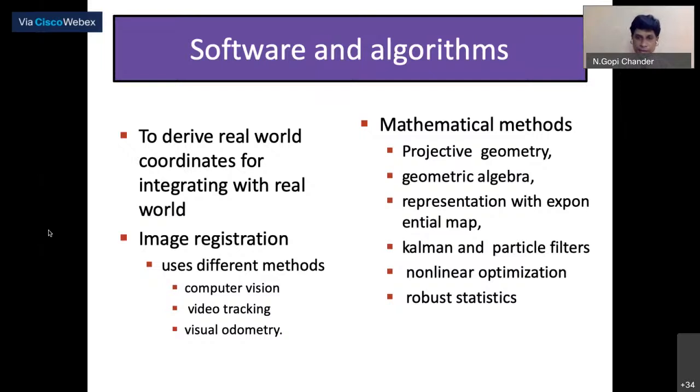All these are technical aspects, and the algorithms used especially in type 2 and type 3 systems, which act on behalf of a human, involve projective geometry, algebras, exponential map systems, nonlinear optimizations, and statistics that play a crucial role in the algorithms displayed or in the working activities of the systems. So these are the mathematical methods behind the various essential algorithms, and they are programmed into the software.